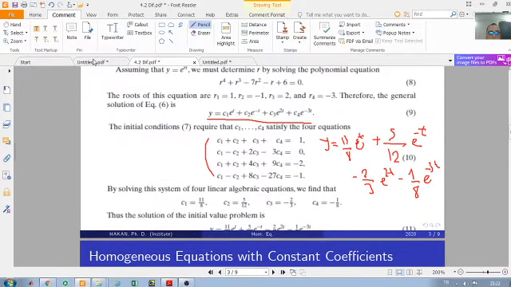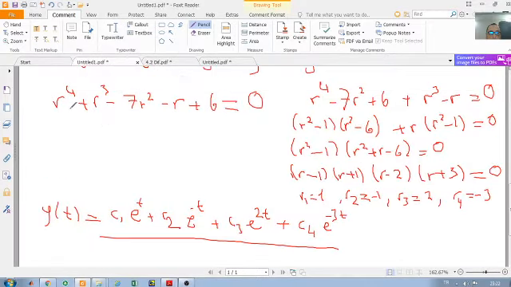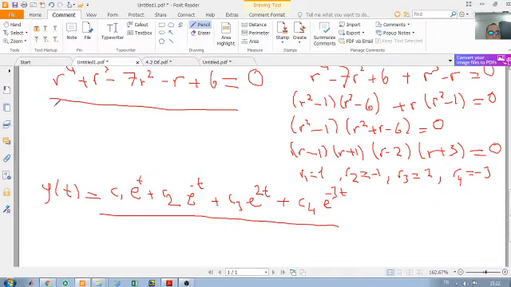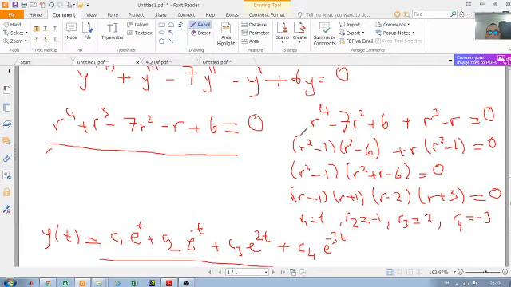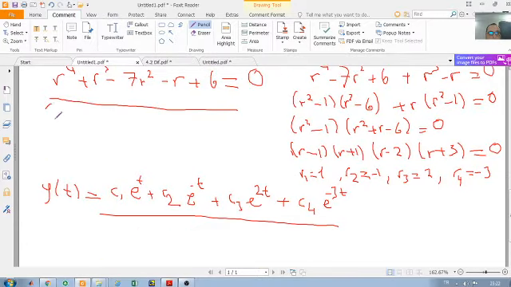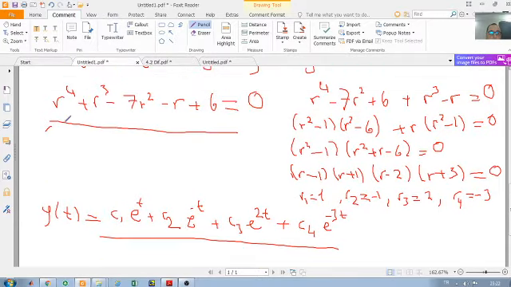For example, let's consider the characteristic polynomial obtained in the previous example. To find easily the roots of this characteristic polynomial without considering these factors, we consider the coefficient of the highest degree of the variable r. Here the highest degree is 4.